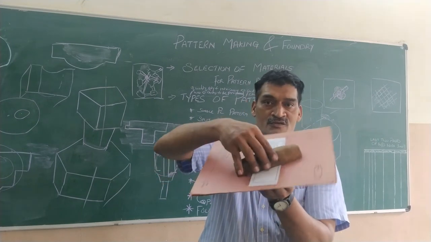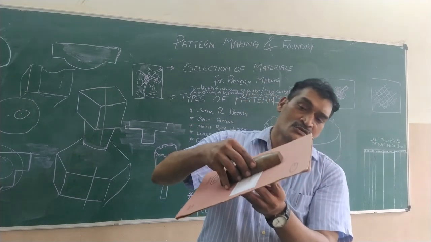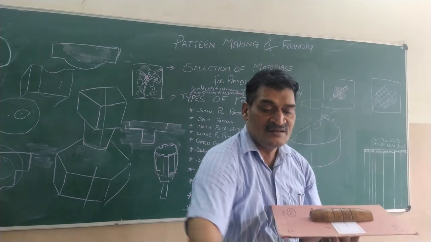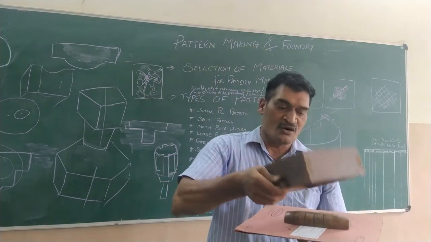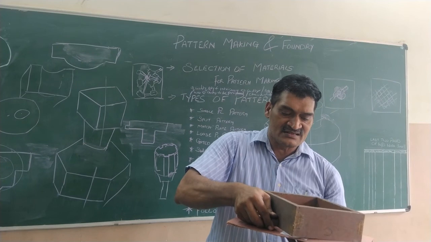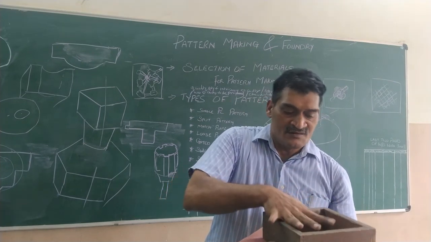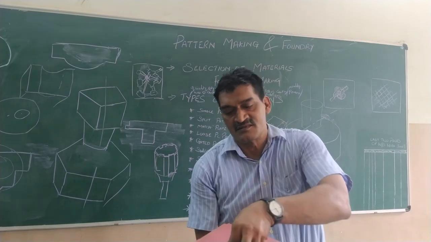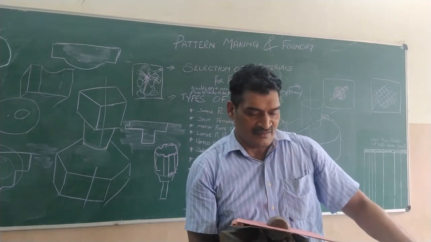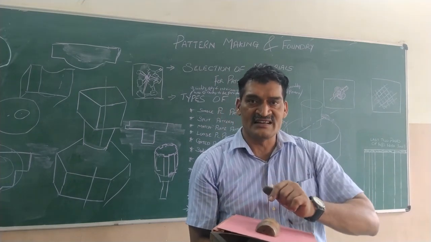This will not move. So, what we do is, we take the drag or we take any one of the flasks, we fill in sand, we invert it, we fill in sand on the other side.